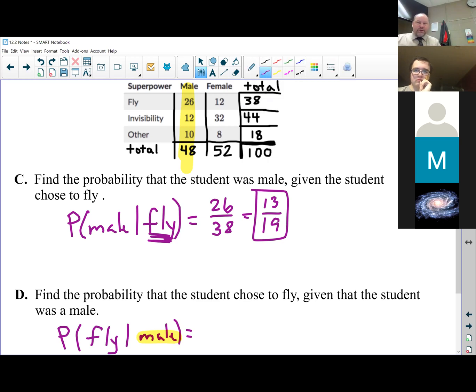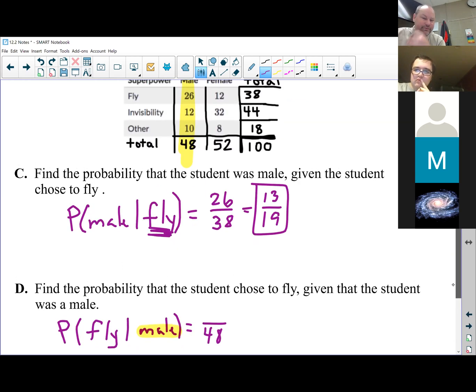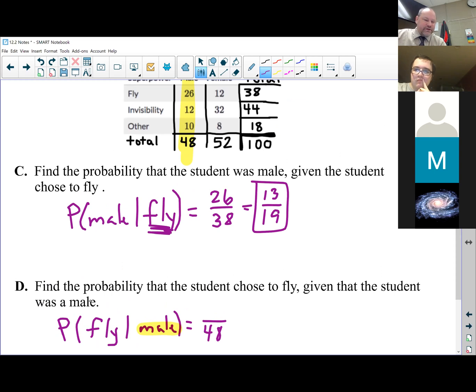So how many total in my probability? Shane, no, the denominator is 48. And of those 48, how many chose to fly? 26.